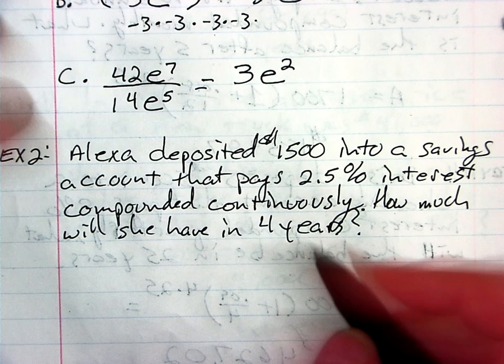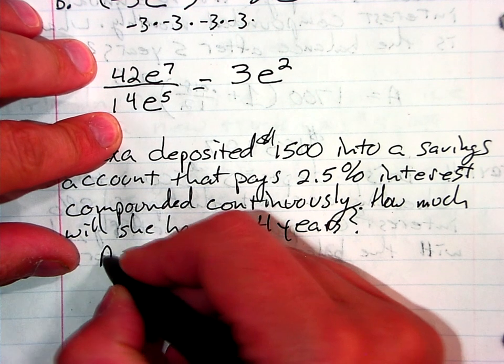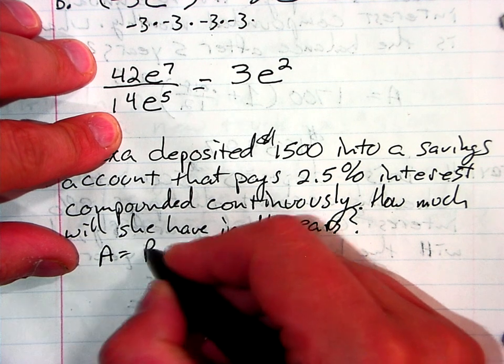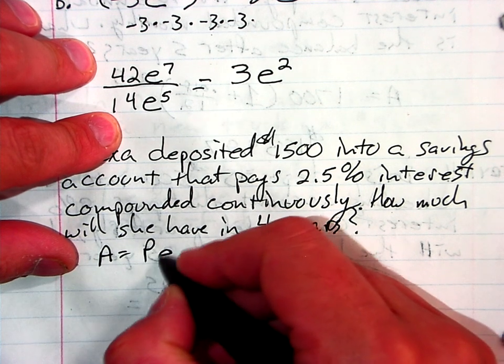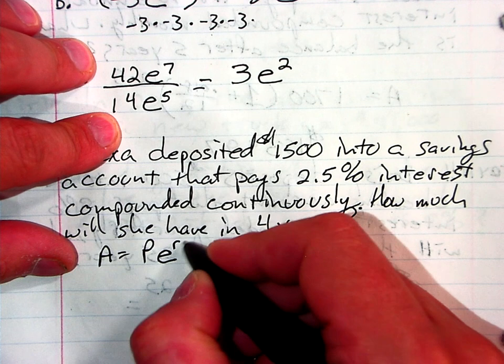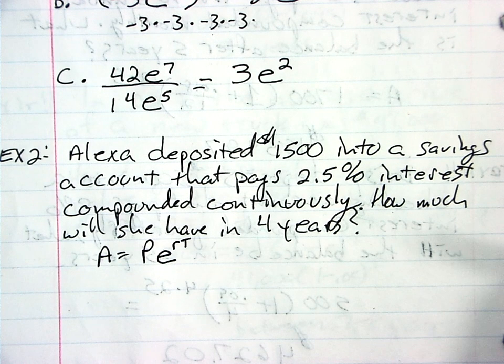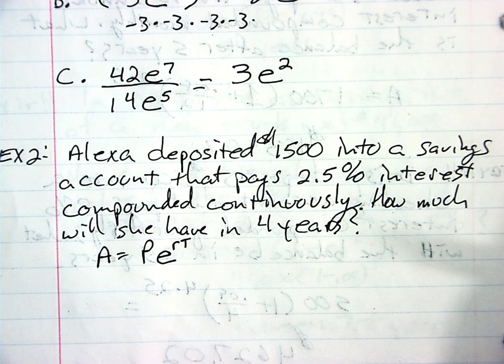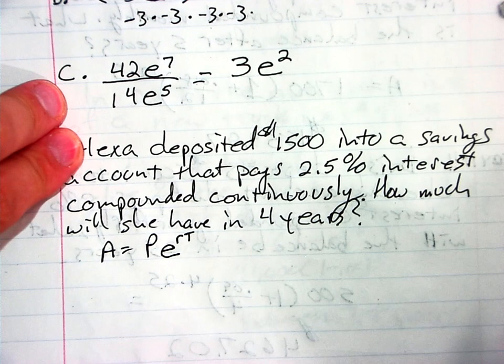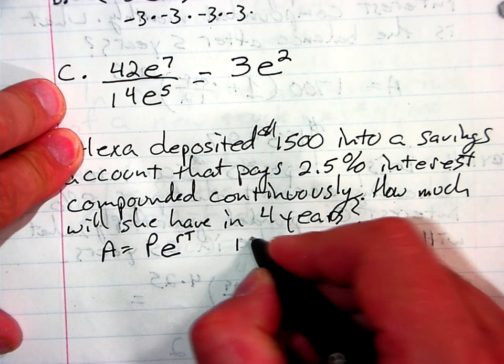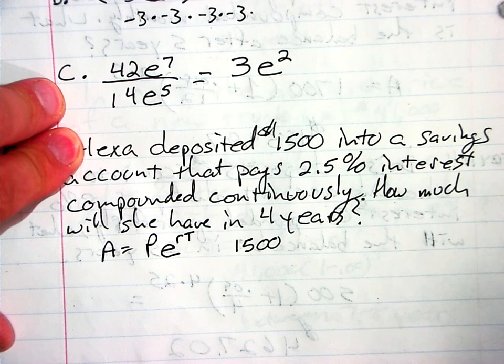All right, so we have a new formula today. Amount equals principal times the letter E raised to the rate times time. We did compounding interest somewhere, but it wasn't with E. So how much is Alexa putting into her account? 1,500.